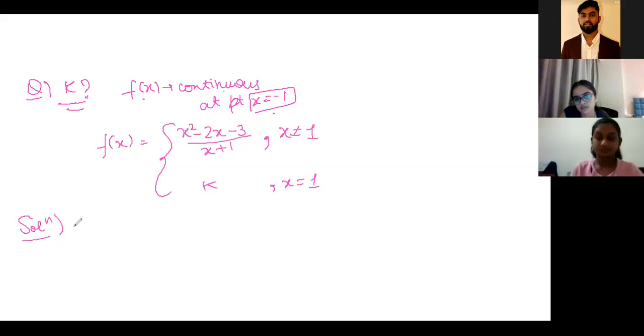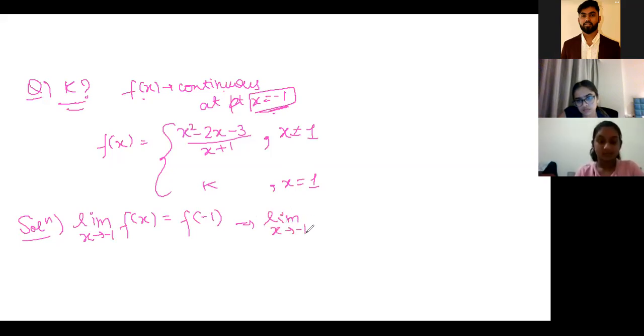So again, in this question, we'll do the same thing. We'll proceed in the same way. x tends to minus 1, because we have to find it at this point. Limit x tends to minus 1 of f(x), which is x square minus 2x minus 3 upon x plus 1. So this is a quadratic equation.